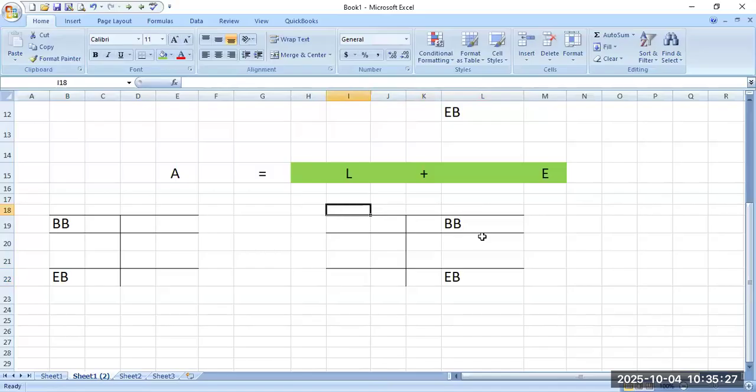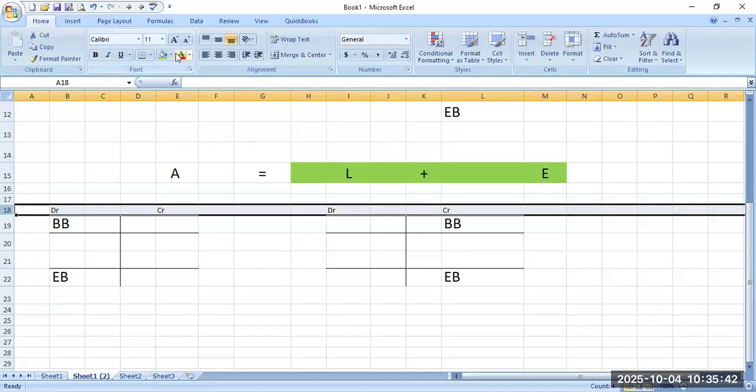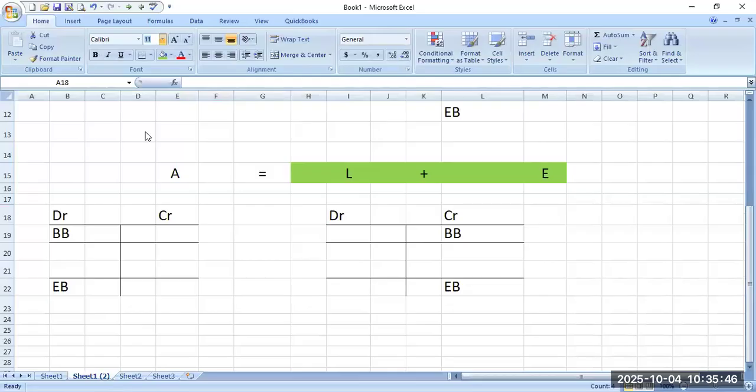If this one is debit, on this side we have credit. So technically speaking, asset accounts always have a normal balance of debit, and the liability and equity accounts have a normal balance of credit. Correct? Are you guys with me? Yes, yes, bro. Professor.